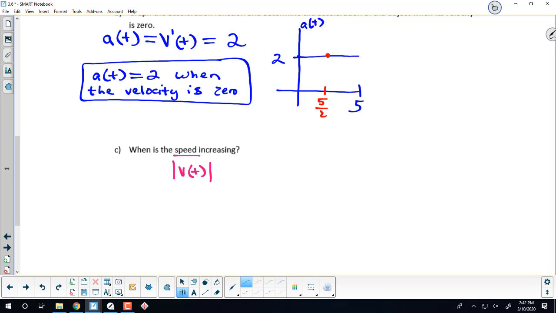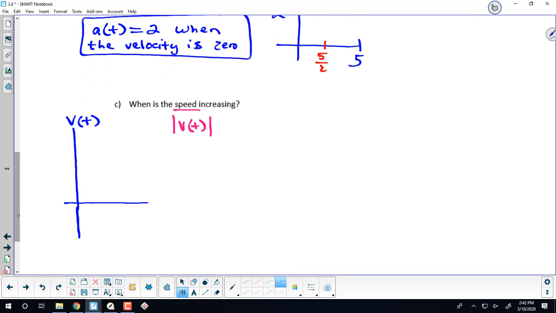We have our velocity function here, doing something like this. So the absolute value, the speed. Here we'll mark this again, that was 5/2.